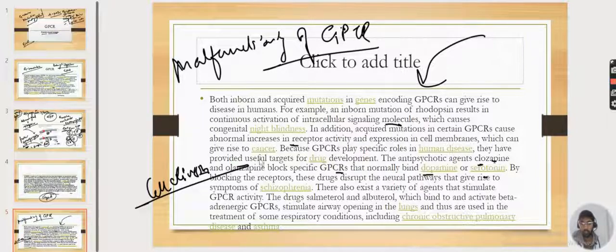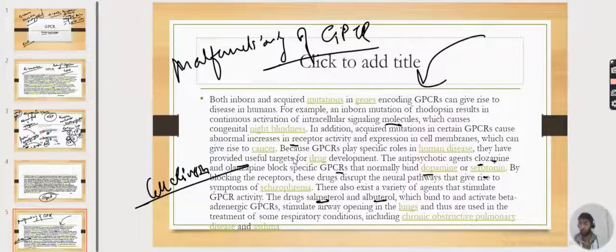So as I told you, your ligand could be salmeterol, albuterol, clozapine or olanzapine, or any other ligand. A ligand could be anything.